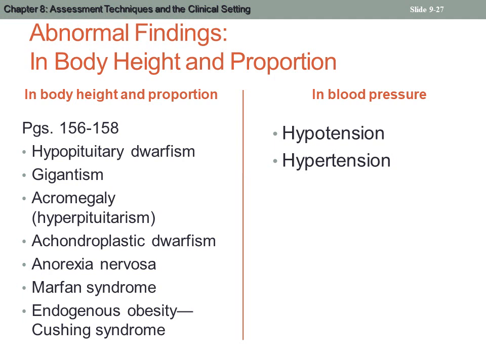So a person who has anorexia nervosa, or you may actually see Marfan syndrome. This would be a change in the person's sort of bone structure height-wise. If you look at their wingspan, it will be much longer than, and that's from fingertip to fingertip, arm extended, what a normal person generally would look like. And then for changes in blood pressure, you have hypotension and then hypertension.